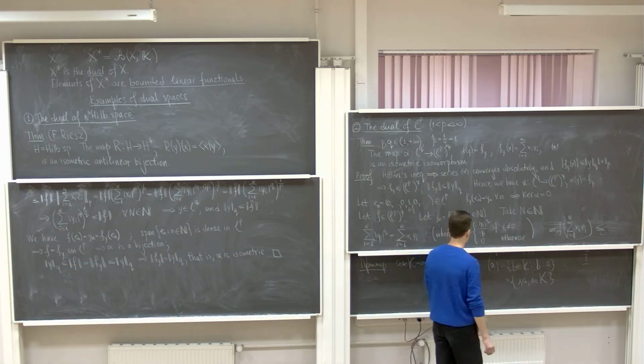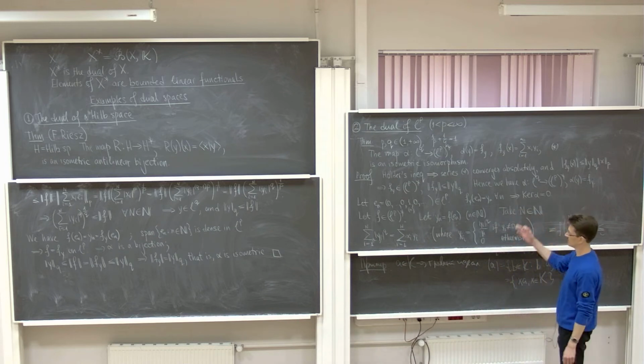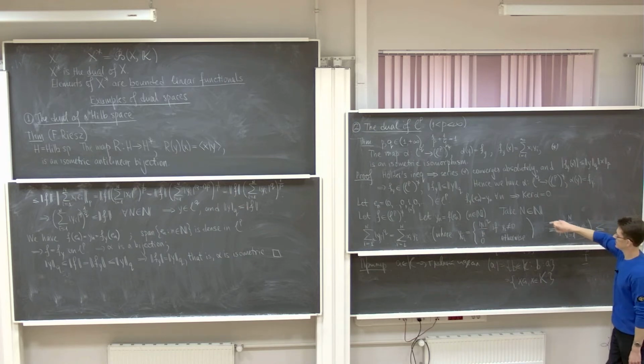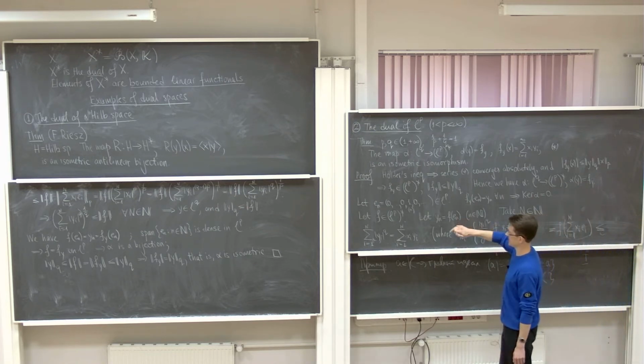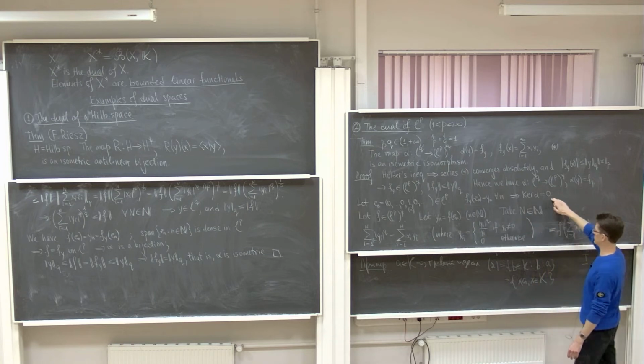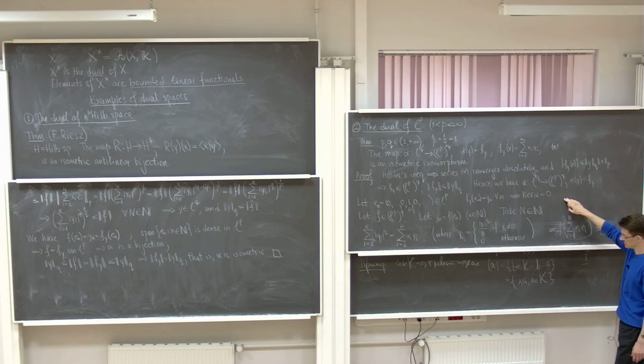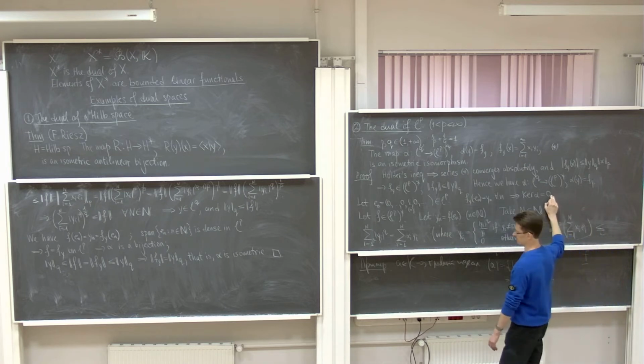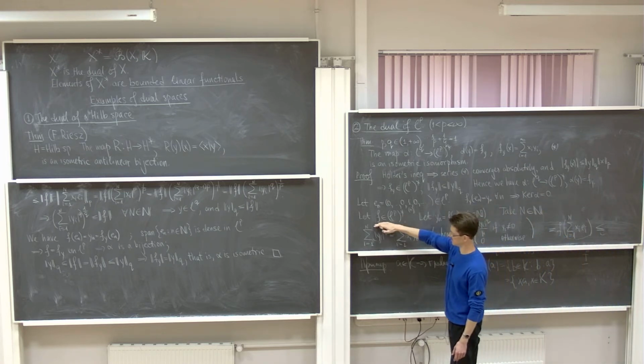So briefly, once again, the idea is as follows. First of all, we use Hölder's inequality to show that alpha is well defined. Then by using these en's, we easily show that alpha is injective, the kernel is trivial. And to show that alpha is surjective, we do the following. We start with a linear functional f on LP.